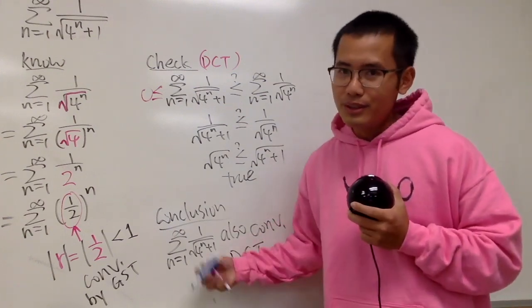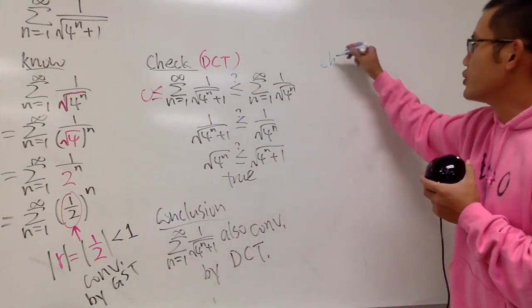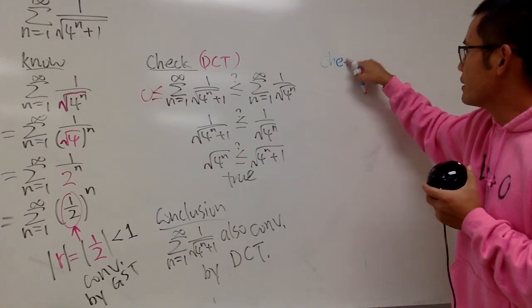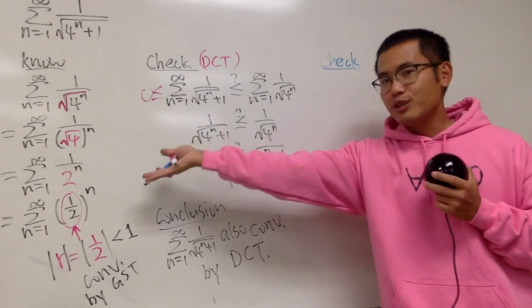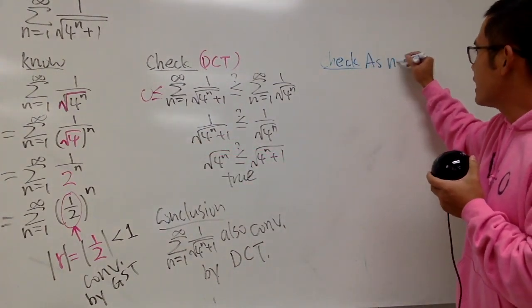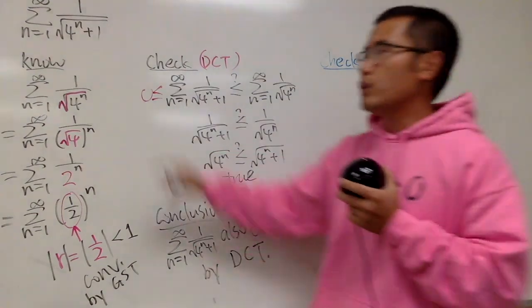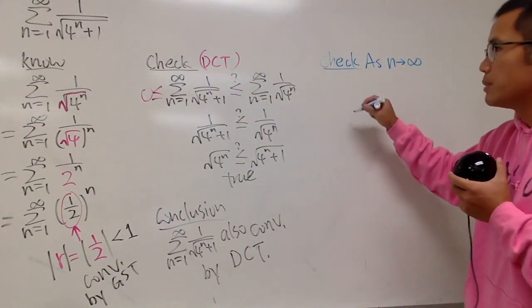Some people don't like to do the inequality. In that case, go ahead and do the limit. Here is the check if you are doing the limit comparison test. For the check, we take the limit as n goes to infinity, and we put this on the top and this on the bottom, again just for consistency purposes.